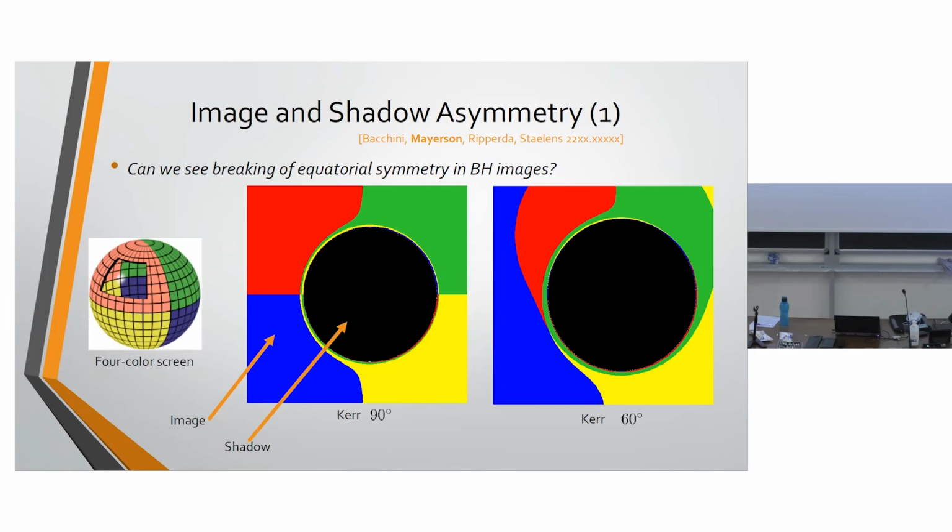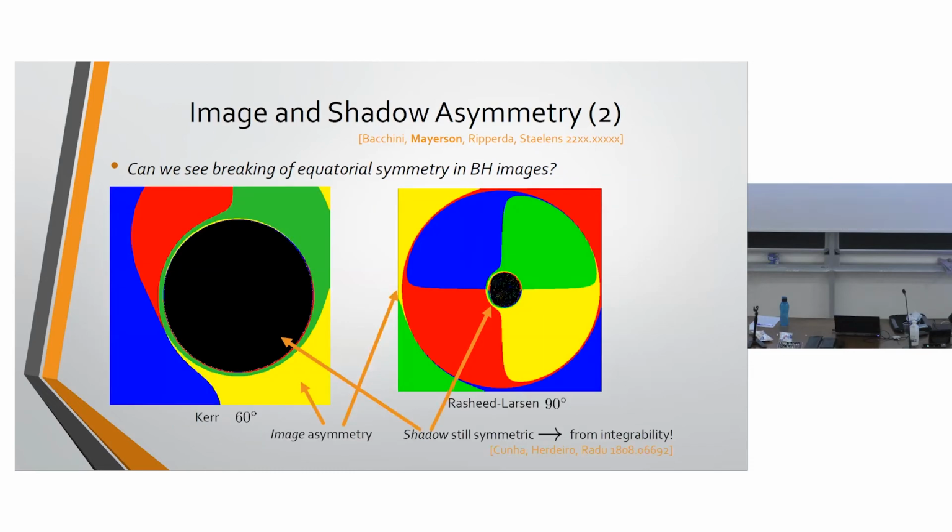So the first thing to point out is a very curious thing, which is that you can easily break the image symmetry. Like I said, if you just took that curve at a different inclination, you break the up-down symmetry, just naturally by looking at a weird angle, and then you have an image asymmetry. You can also look at black holes which break equatorial symmetry.